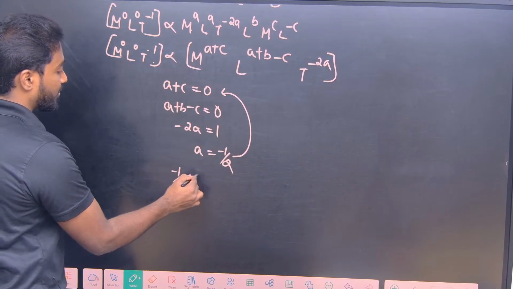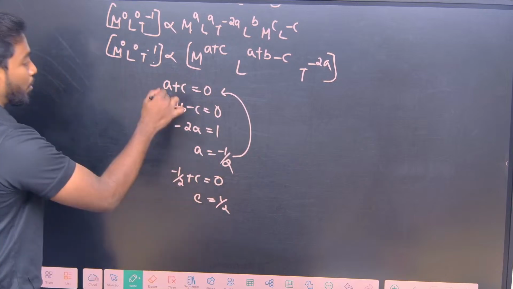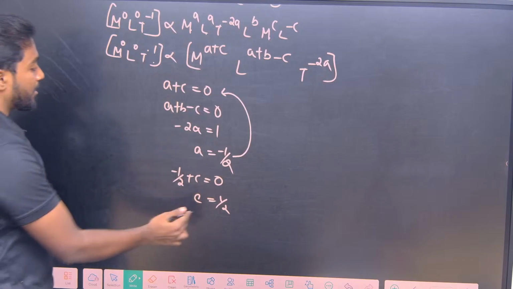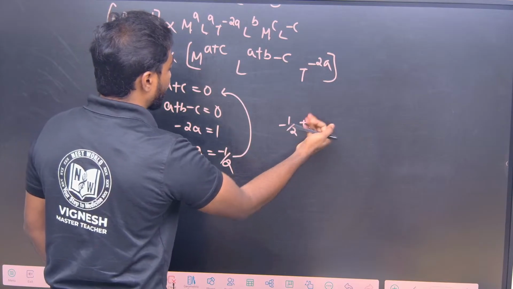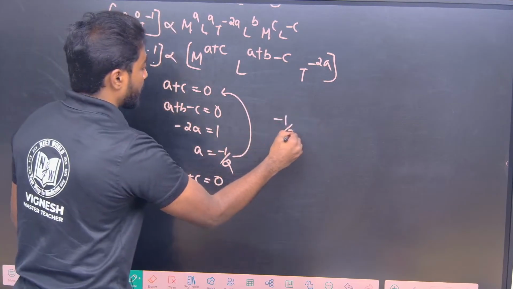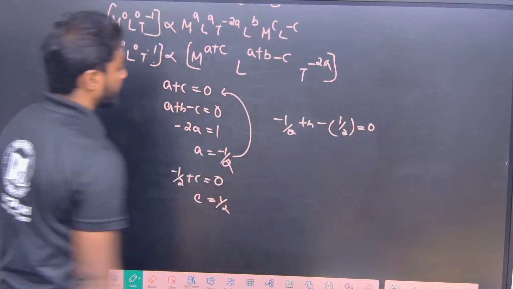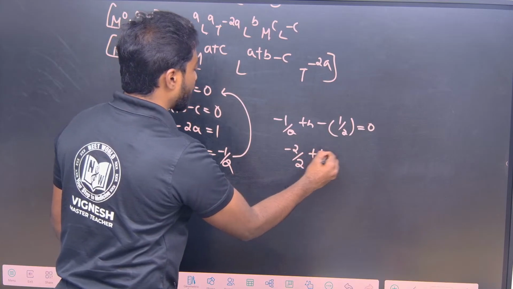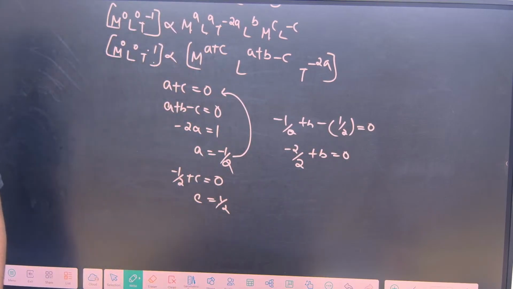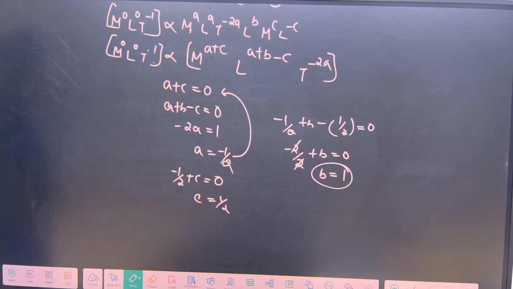Substitute the value over here: minus 1 by 2 plus c equals 0, so c equals 1 by 2. What about a plus b minus c? Substituting a and c: minus 1 by 2 plus b minus 1 by 2 equals 0, so minus 2 by 2 plus b equals 0, then b equals 1.